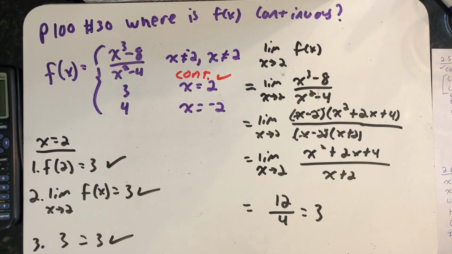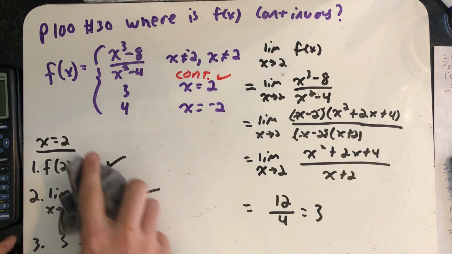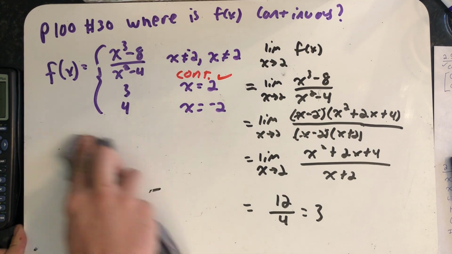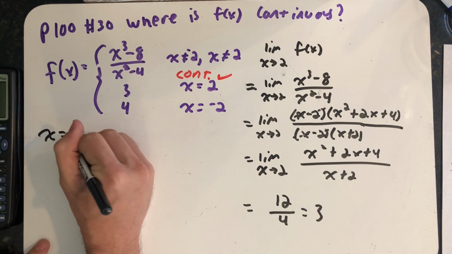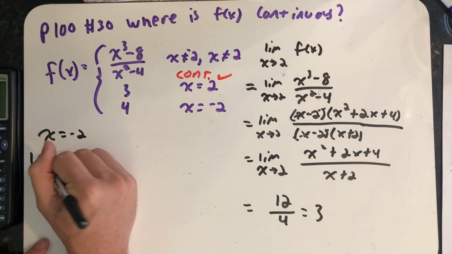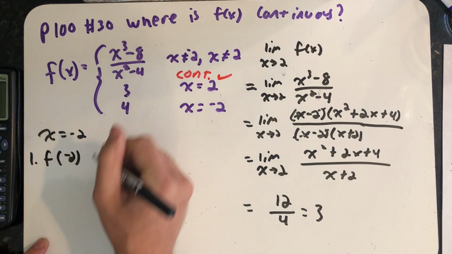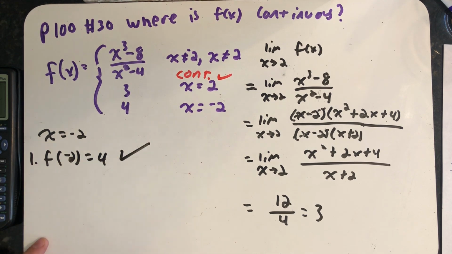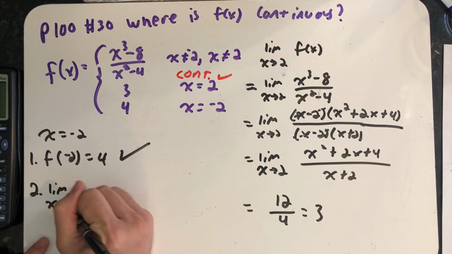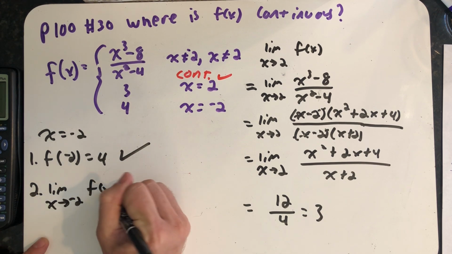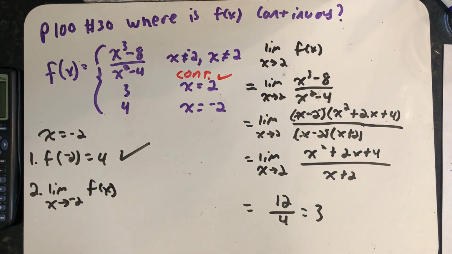I want to go through the same process for x equals minus 2. Check my function value. Well, I'm going to get 4. I passed the first part of the continuity test. And now I have to take a limit as x approaches minus 2.